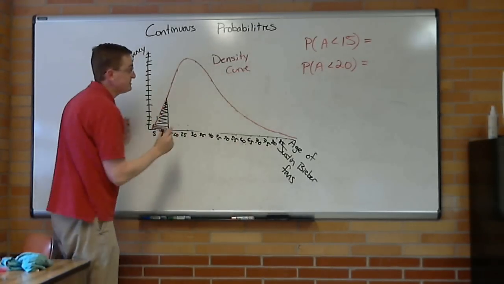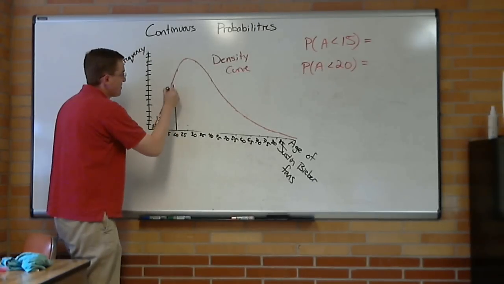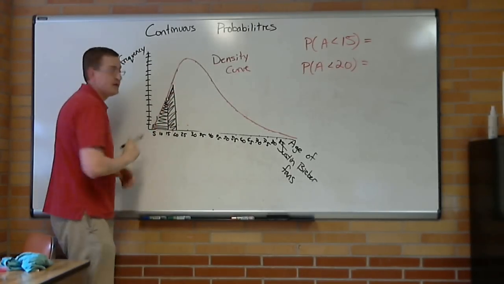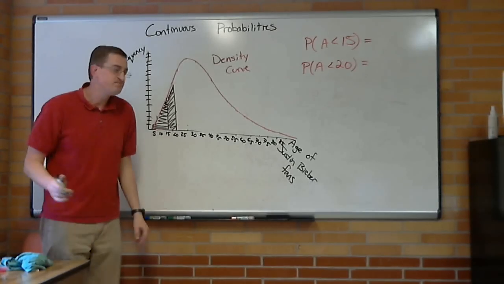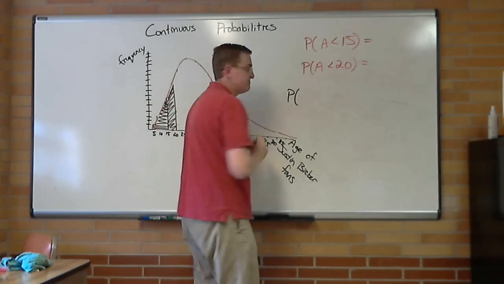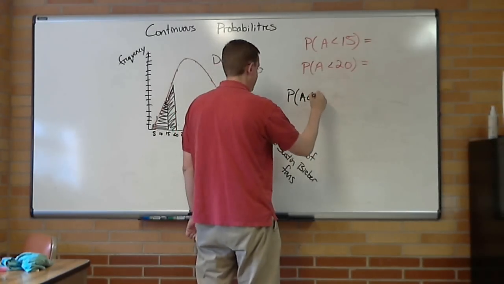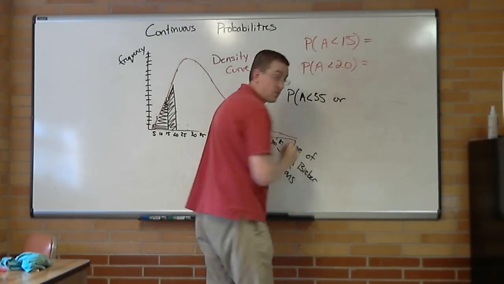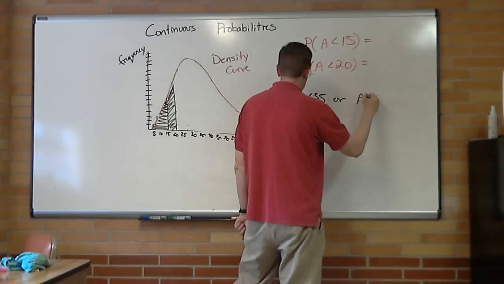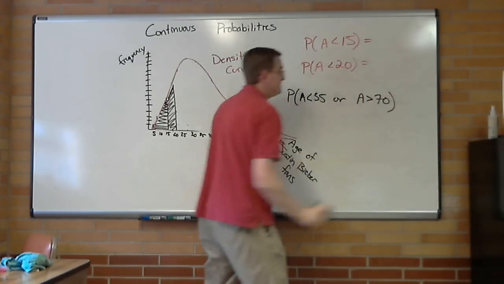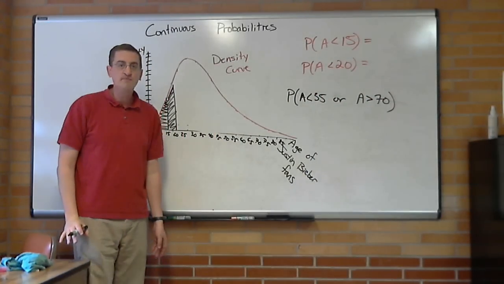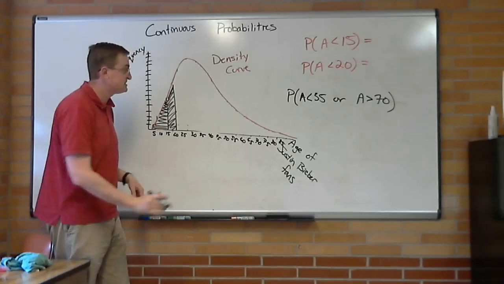What if I wanted the probability of it being less than 20? I would shade in that. In fact, let's make this even more complicated. I want the probability that I select someone whose age is less than 35 or their age is greater than 70. Well, that looks super complicated, but I can draw the picture easily.